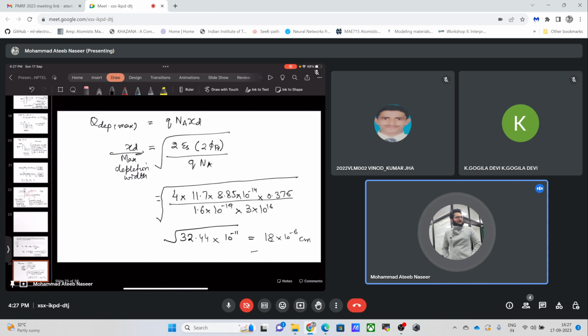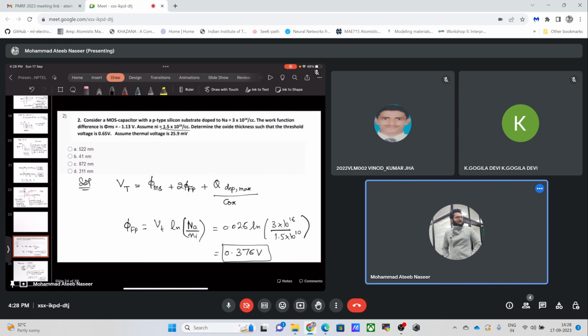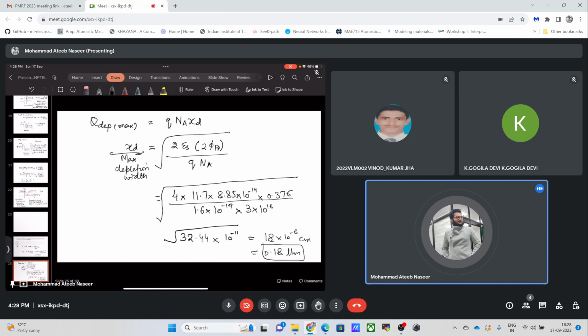This is the depletion width, or simply it would be equal to 0.18 micrometer. So this is the depletion width. From this we can find the maximum depletion charge, which would be q times Na into Xd.